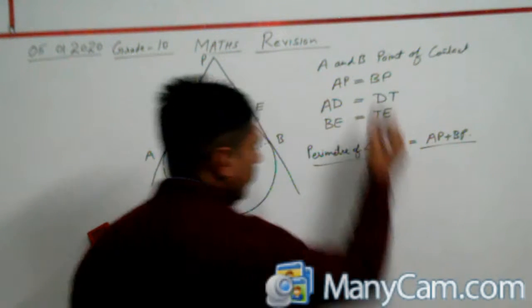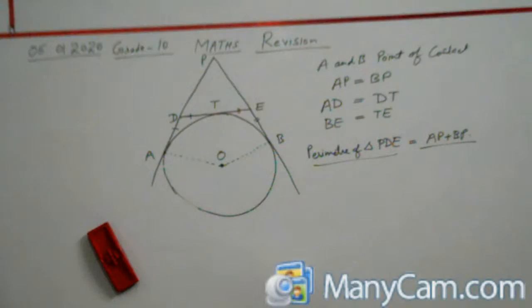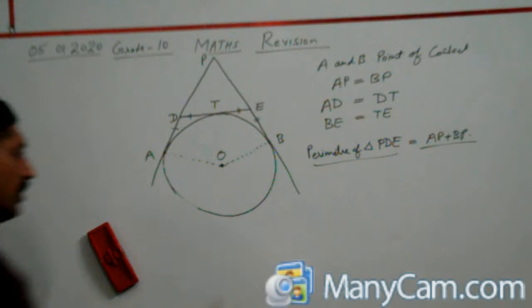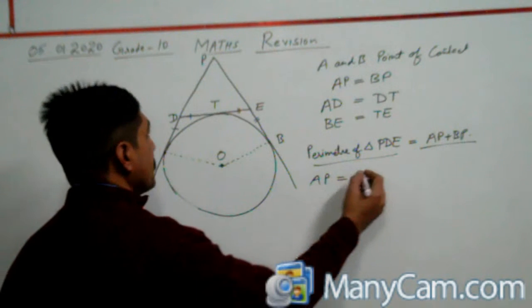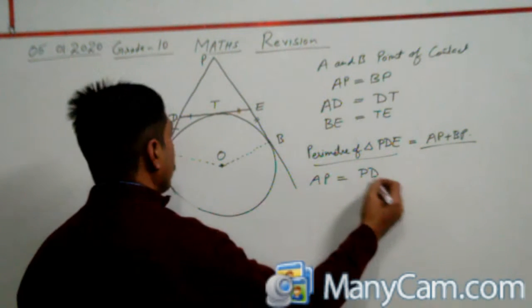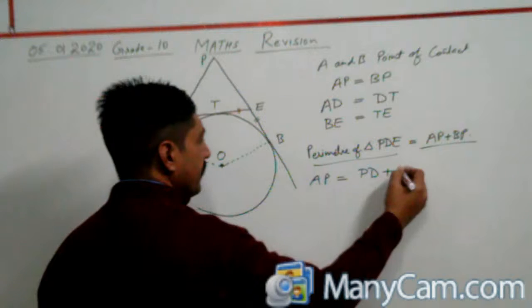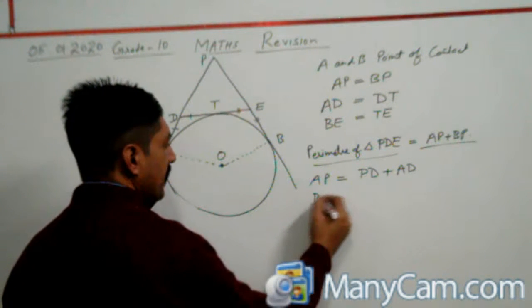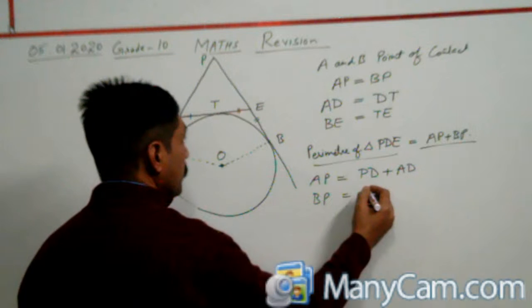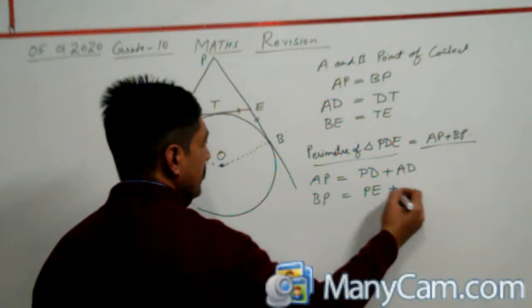You can check, right? Because here, what is AP? AP is equal to PD plus AD, and similarly BP is also equal to PE plus EB.